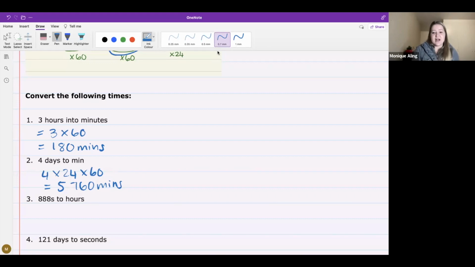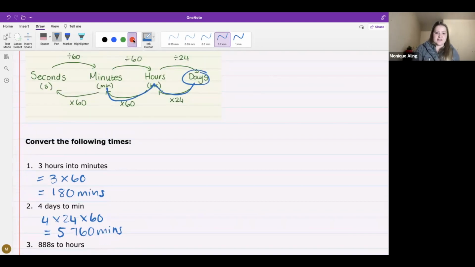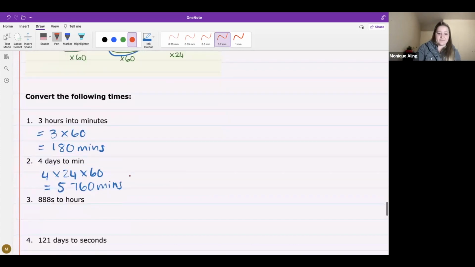Seconds to hours, we take our seconds number, 888, divide by 60 to get it to minutes, divide by 60 again to get to hours.